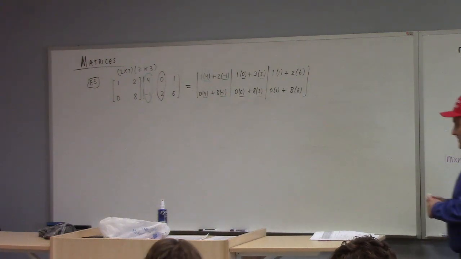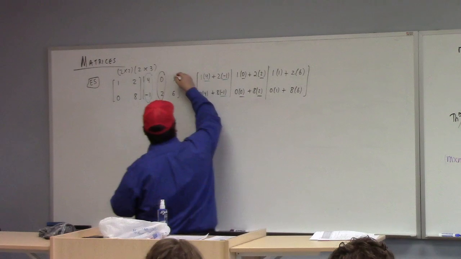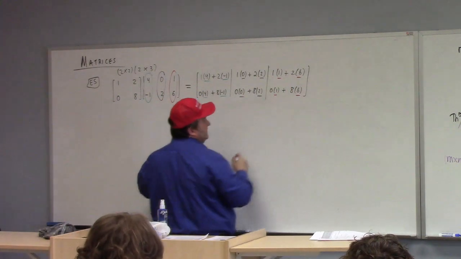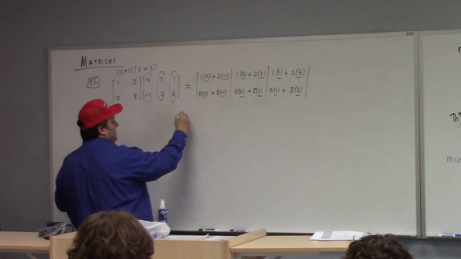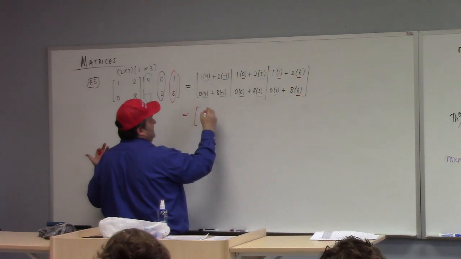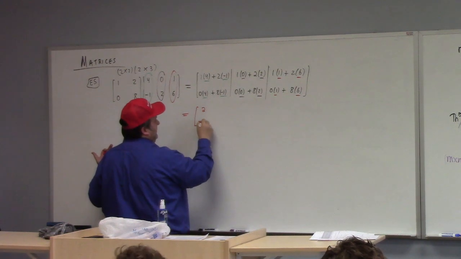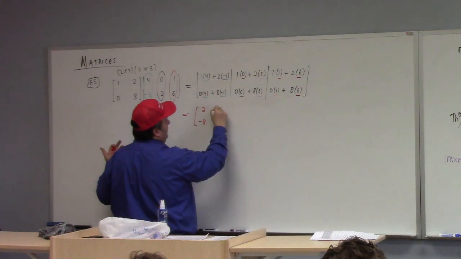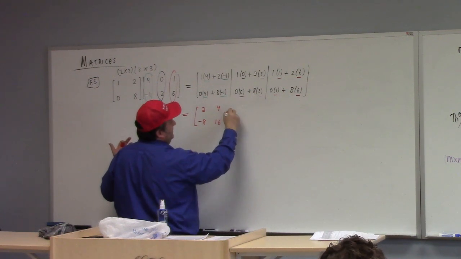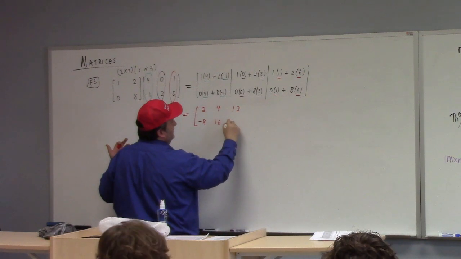There's a really nice pattern that we'll need to understand more deeply as we go on in this class, but that's it right there. And of course we shouldn't leave it like that. What do you get? 4 minus 2 is 2, minus 8, 4, 16, 13, 48, right?